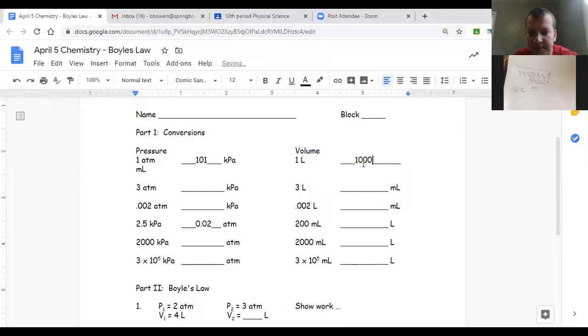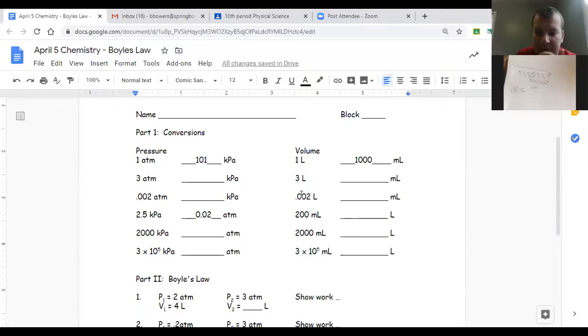I have to get to milli, so you move your decimal 1, 2, 3, and in these empty spots I have to add zeros. So what's my answer? If my decimal's over here, 1,000. So type in 1,000 for the first answer.